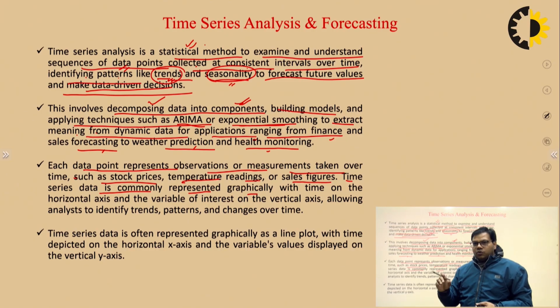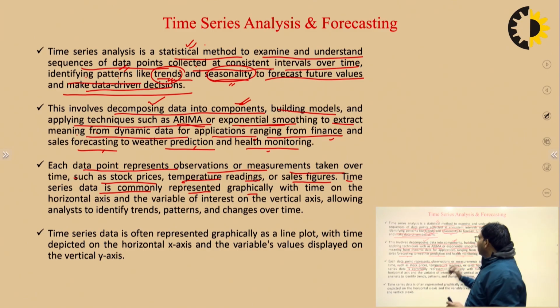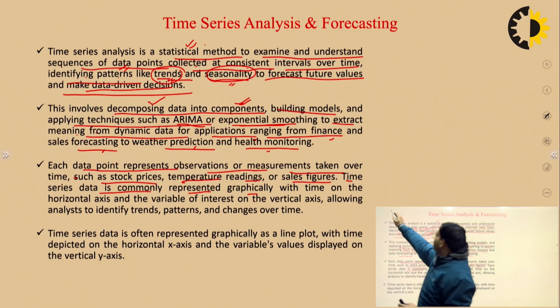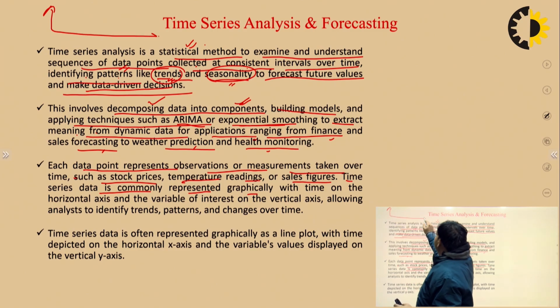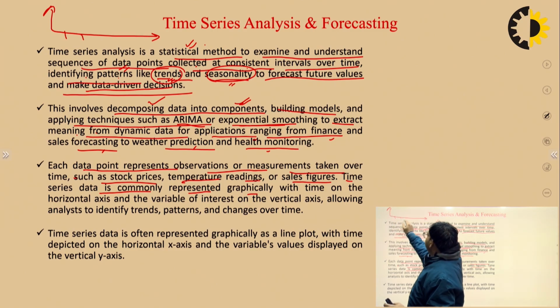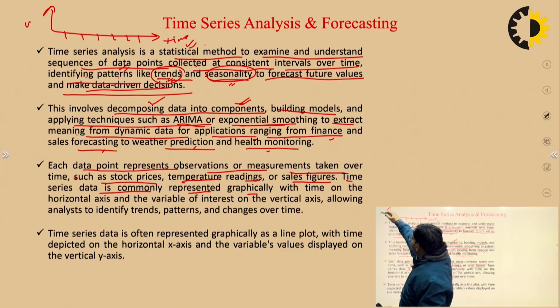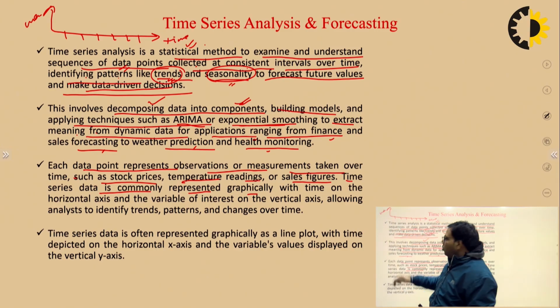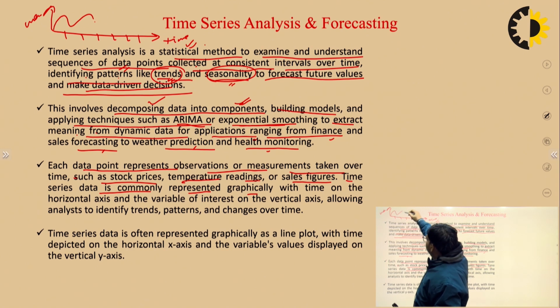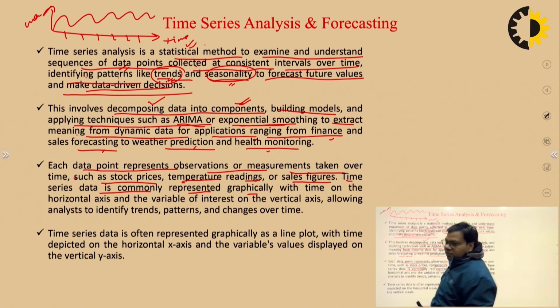When we talk about time series data, what picture should come to our mind? The picture should be something like this. This is your time, and these are some values, and on this basis we have charts like this, right?